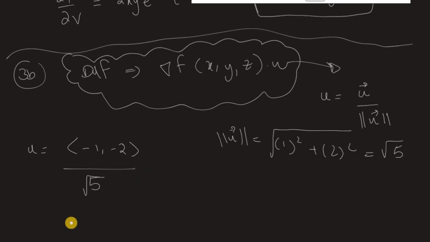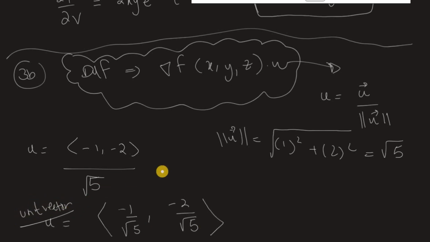Then your unit vector turns out to be -1 over square root of 5 and -2 over square root of 5. Okay, so this is the unit vector that you need in order to find the directional derivative.